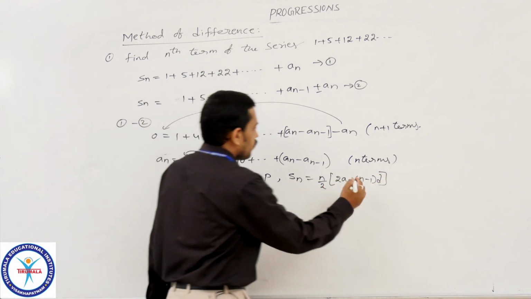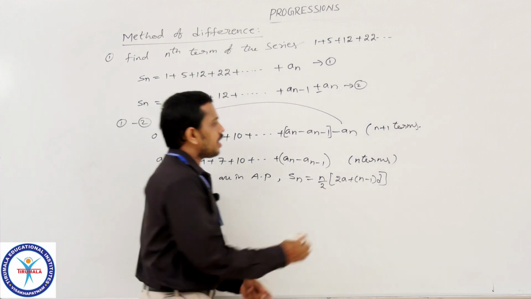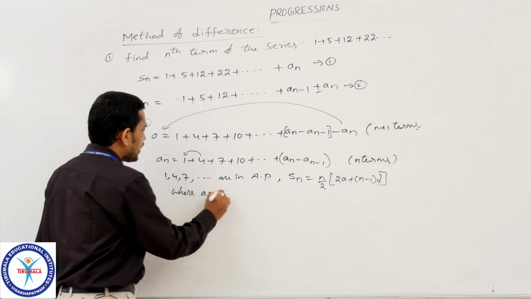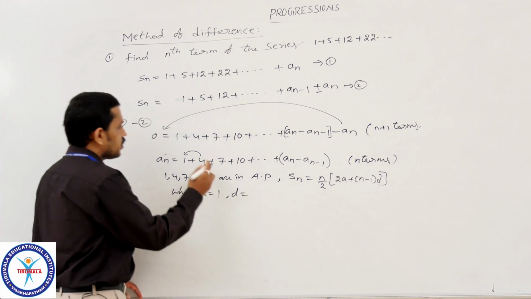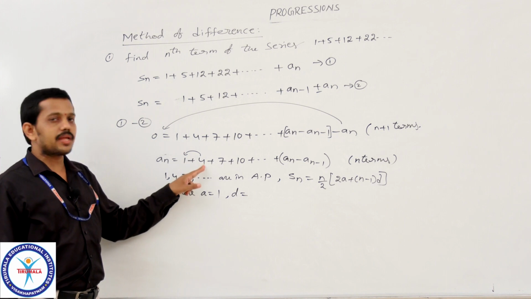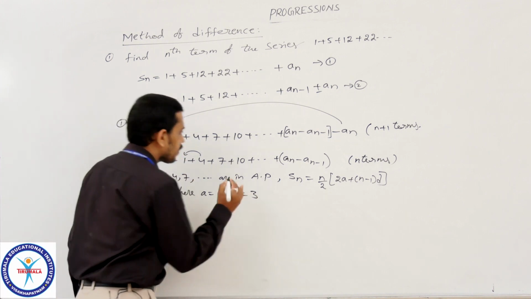Here, n by 2 into, what is the n value, the nth term, and what is a, where a is equal to 1 and the common difference d is the difference between any two consecutive terms. Here I am taking the second term minus the first term, 4 minus 1, which is 3.